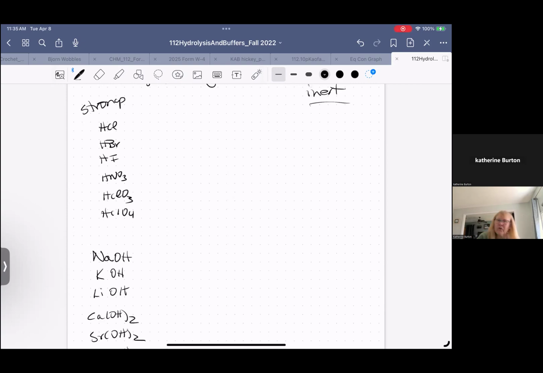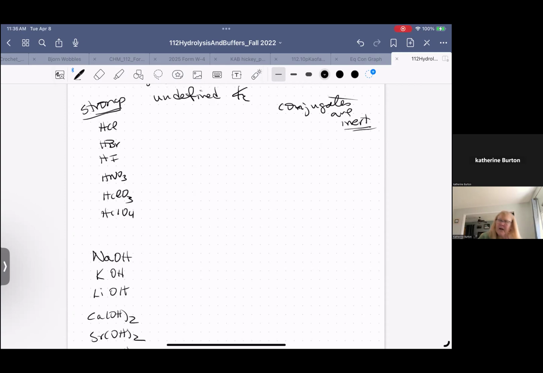And remember, the stronger the acid, the weaker the conjugate base. So if we have a strong acid, remember it is going to have an undefined K, because we have so little of the original left as to be considered 0, giving us a K that is undefined. If these are our strongs, our conjugates are inert.